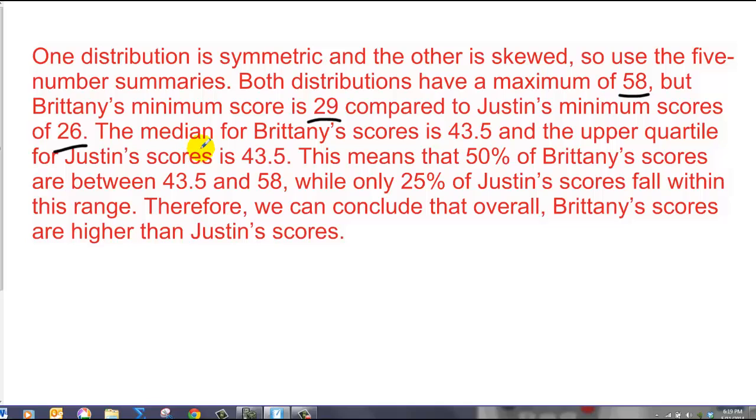The median for Brittany we found was 43.5, and the upper quartile for Justin was 43.5, which means that 50% of Brittany's scores, in a sense, were between 43.5 and 58, while only 25% of Justin's scores fell in between that same range. So we conclude overall that Brittany's scores were actually higher than Justin's.